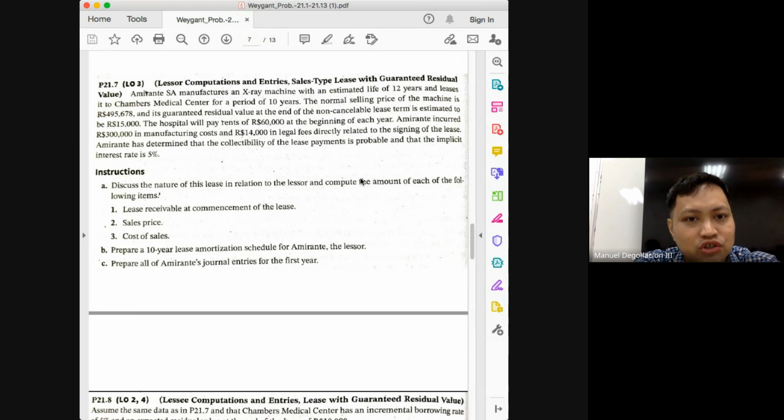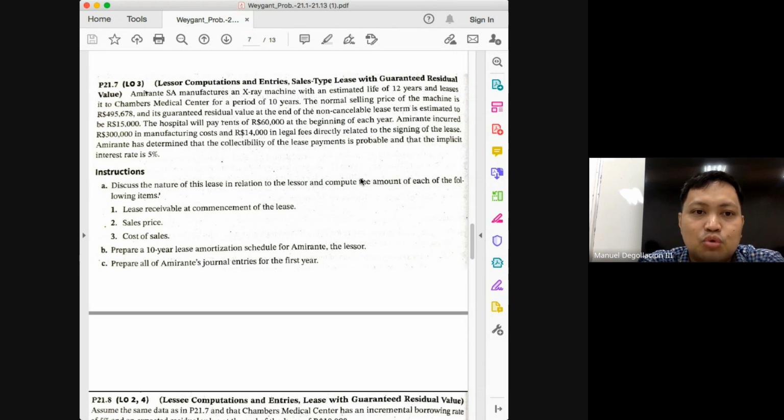Is there a mention of a transfer of ownership? No. Is there a bargain purchase option? No. But we will have to check the major part. What is the lease term, class? Lease term is 10 and the useful life is 12.